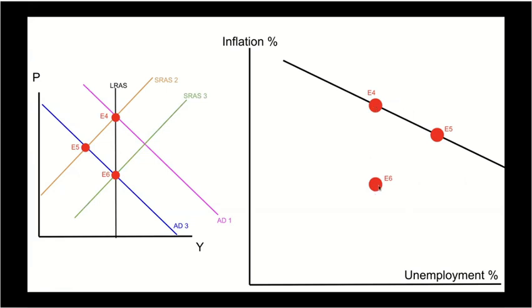So that's why E4 and E6 are at the same level of unemployment, but it's at a much smaller price level, so inflation is definitely decreased. So the Phillips curve has shifted downward. So this is why we were saying that the Phillips curve got shifted downward when the Federal Reserve used a contractionary monetary policy to correct the inflation.